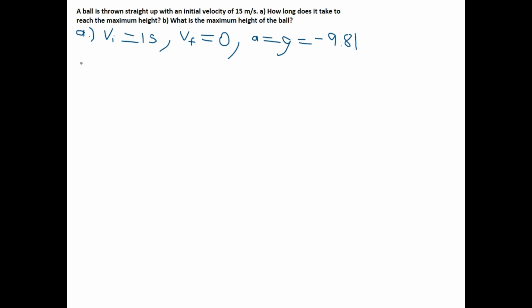Now, to find the time it'll take to reach the maximum height, let's use the formula final velocity is equal to initial velocity plus the acceleration times time. If we rearrange this, we can solve for time. We'll get the final velocity minus initial velocity, all divided by acceleration.